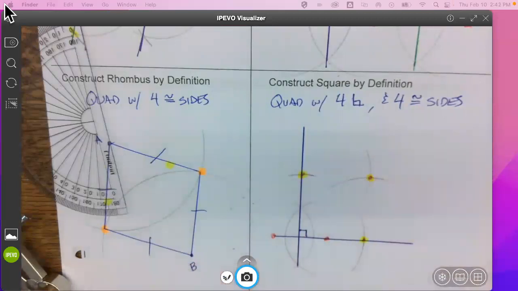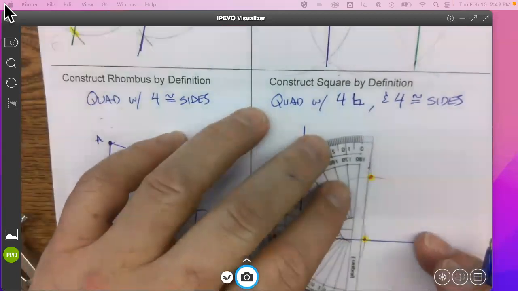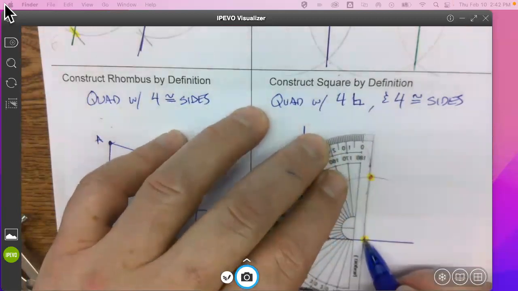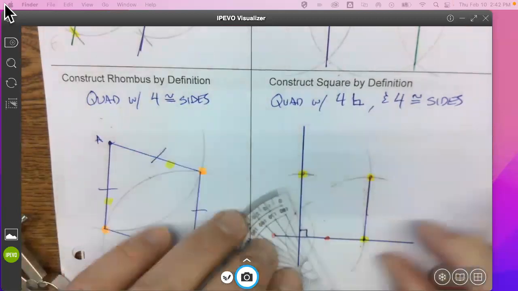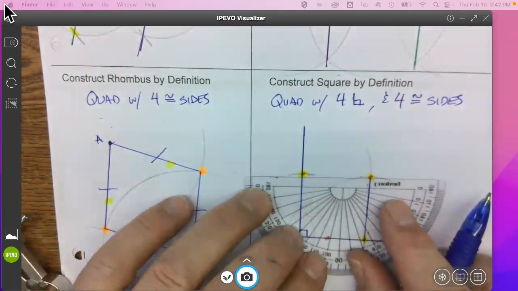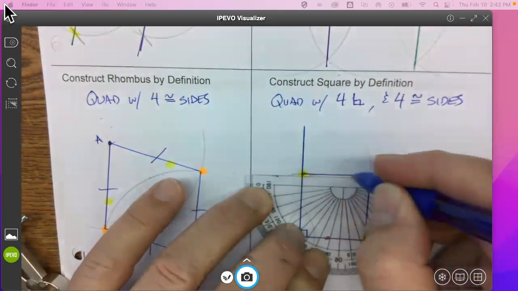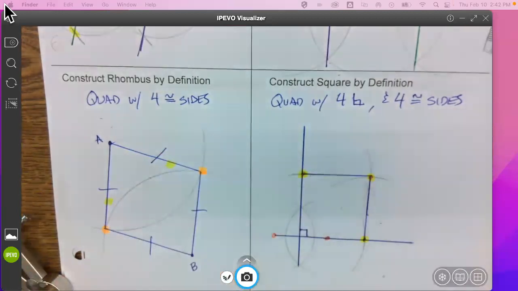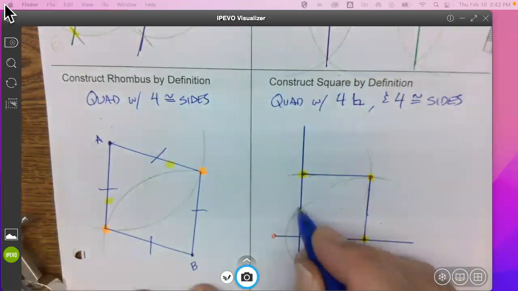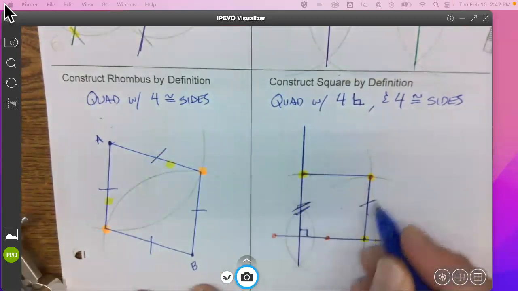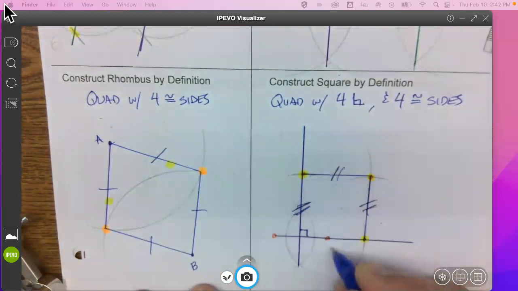That will give me my square. Because I forced this side to be the same as this side, to be the same as this side, to be the same as this side, I know that this is a square.